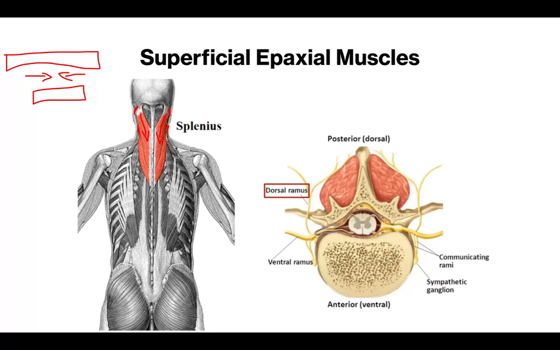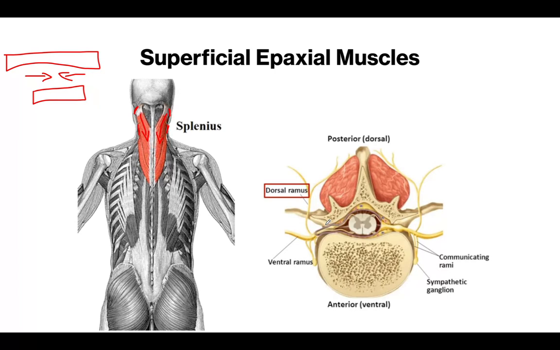So let's talk now about innervation. This is about the nerves that are going to stimulate that contraction. In the manual, it's listed as cervical and thoracic dorsal rami of spinal nerves. What in the heck does that mean? Let's break that apart for a second.